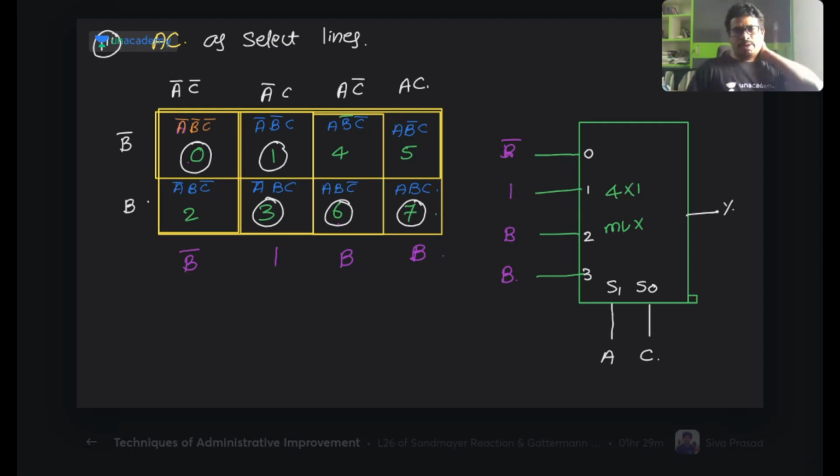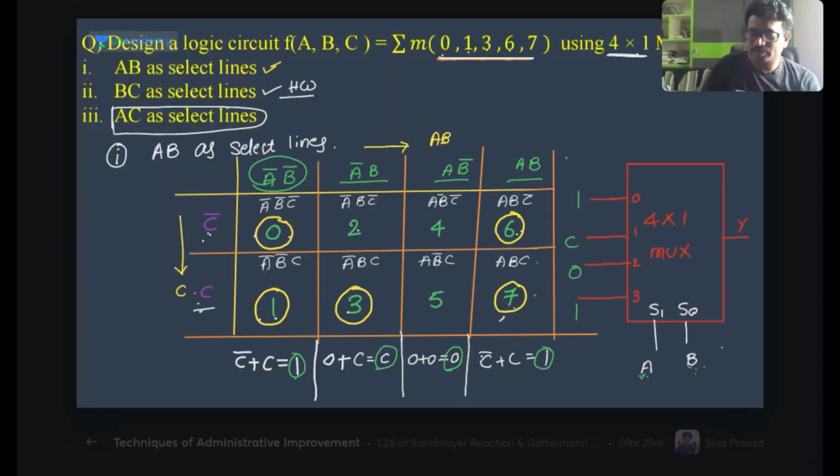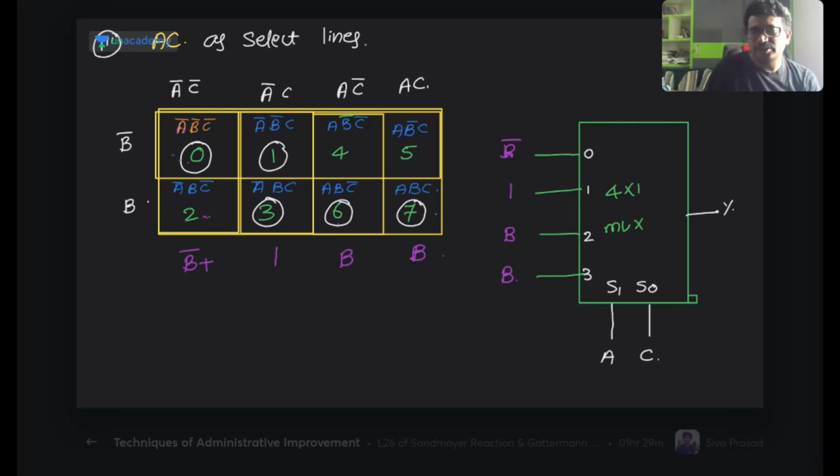The same manner we will do the other one. This is 1 into B bar plus what? This is not a minterm. If it is circled, then only it is a minterm. But 2 is not given here, so that is not a minterm. That means it is a maxterm. Maxterm is 0. 0 into B, what will you get? 0.